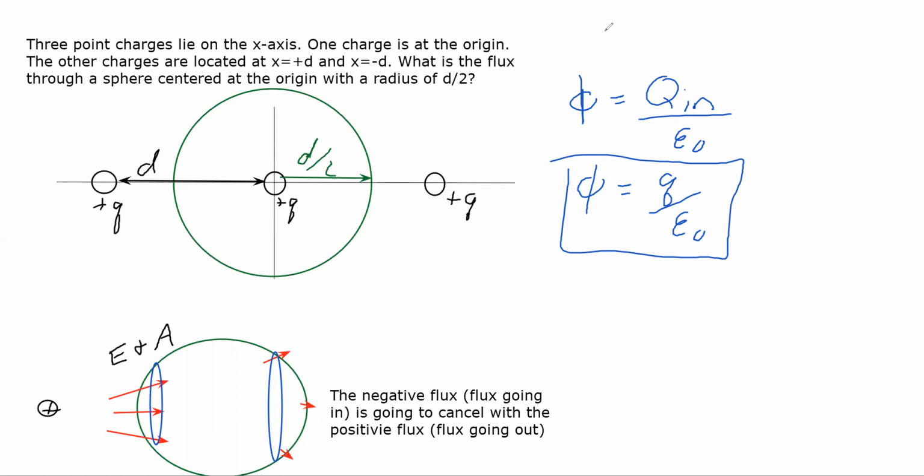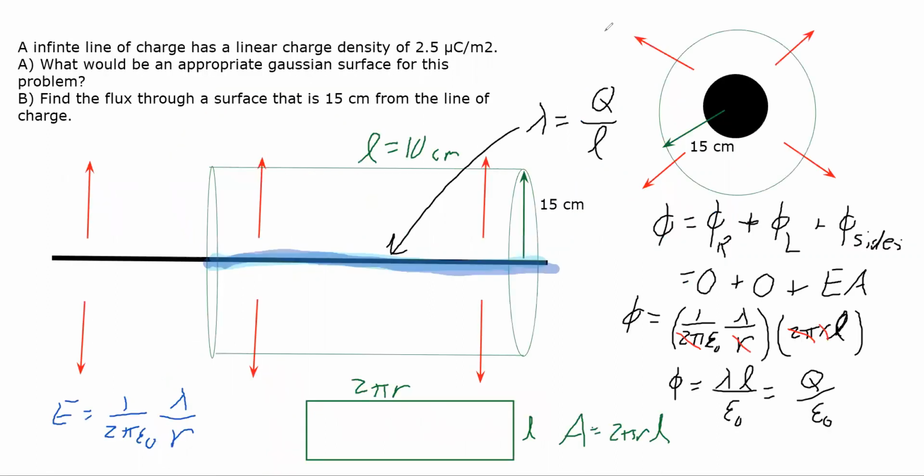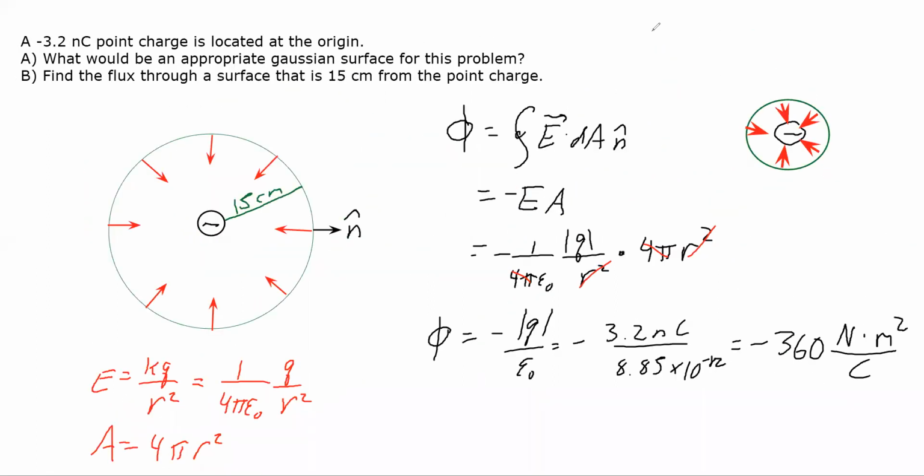I think you could kind of see that working itself out, even when we're not deliberately trying to find charge. You know, in all our examples, we look at charge over epsilon 0, charge over epsilon 0 right here. So in every single one of our examples, we end with charge over epsilon 0.